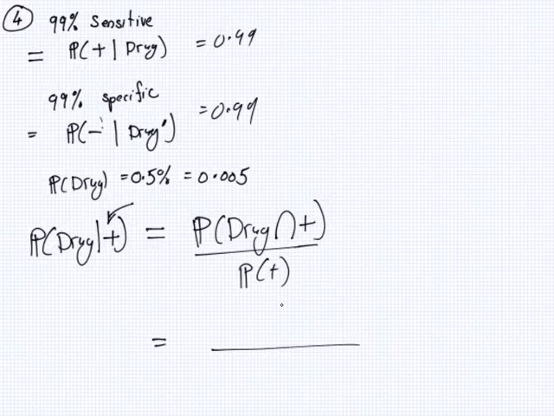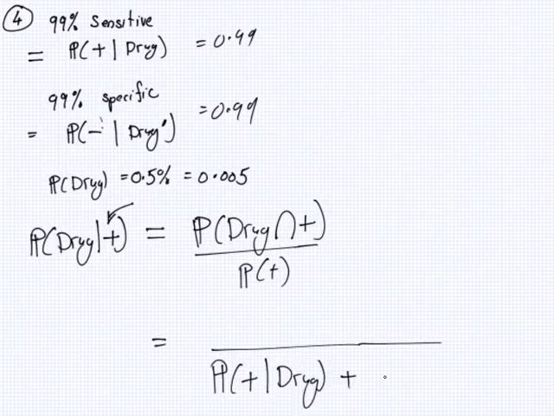Firstly, they could be drug users and get a positive result, or not drug users and then get a positive result. So on the bottom we have probability of a positive result given that they use drugs, or probability of a positive test result given that they don't use drugs.